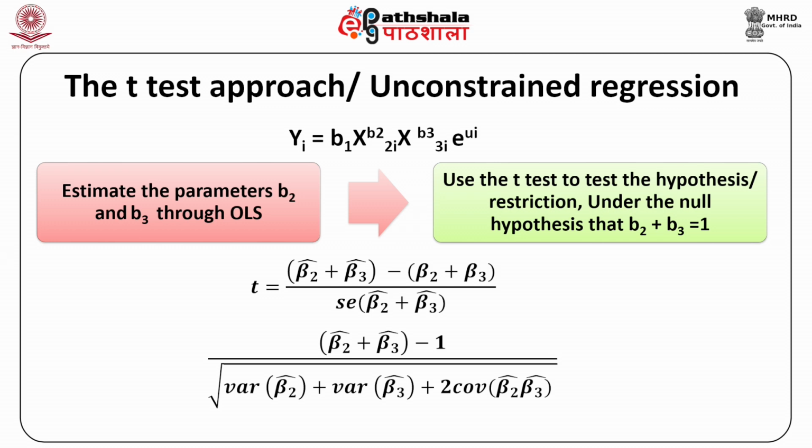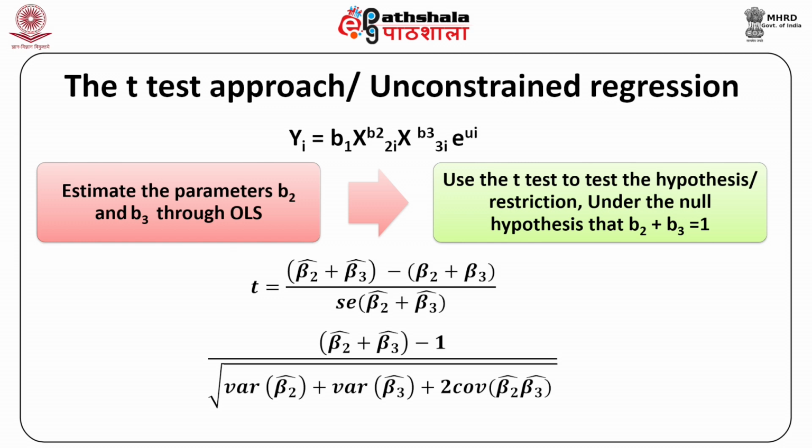The equation can be estimated without considering the linear restriction. Here we attempt to test the presence of linear restriction after estimating the unconstrained regression. The steps are as follows. Estimate the parameters beta 2 and beta 3 through OLS. Use the t-test to test the hypothesis or the restriction.